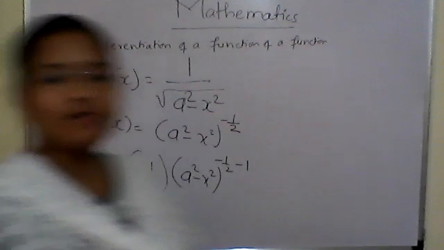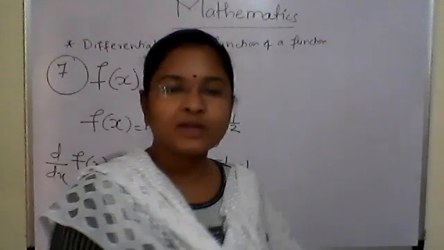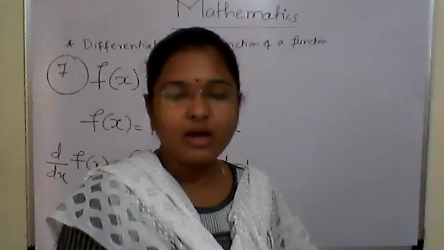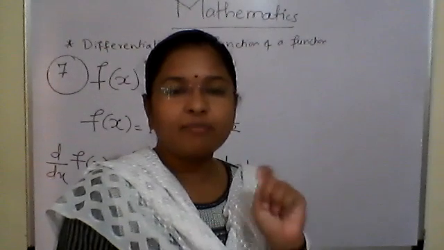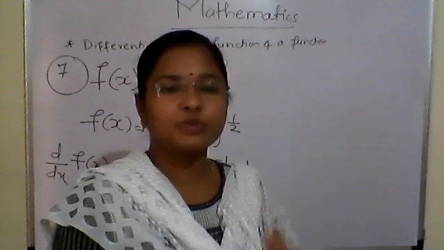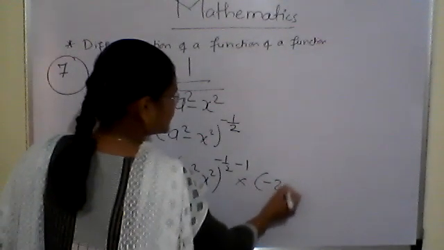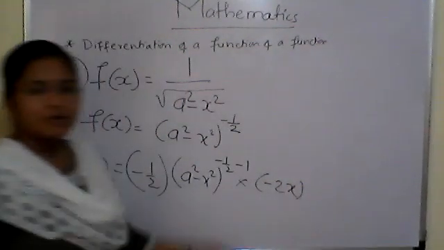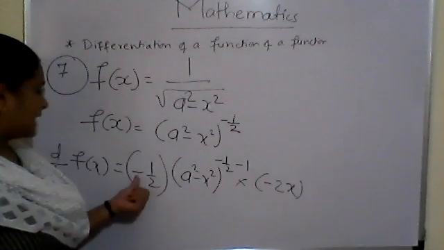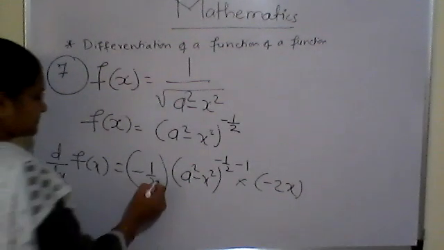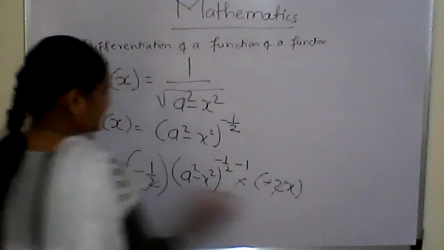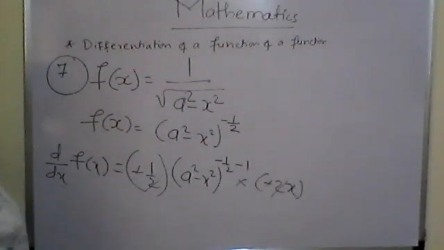The derivative of a square minus x square is: the derivative of a square is 0 and the derivative of minus x square is minus 2x. So multiplied with minus 2x. Now this minus 2 and the minus sign, minus into minus will be plus.